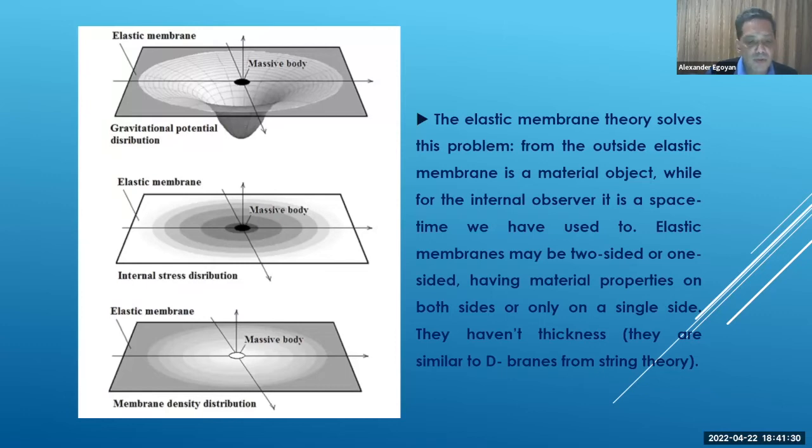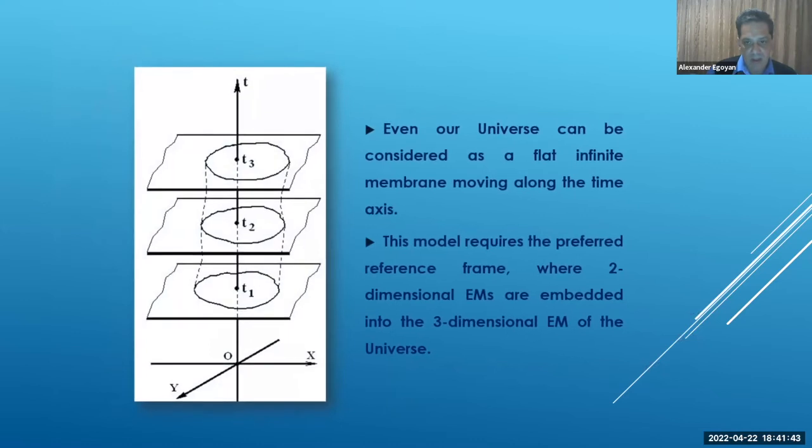This picture shows how gravity may be encoded into the surface density of elastic membrane. Even our universe can be considered as a flat, infinite membrane moving along the time axis.